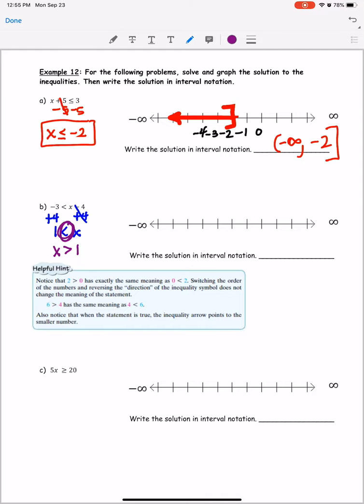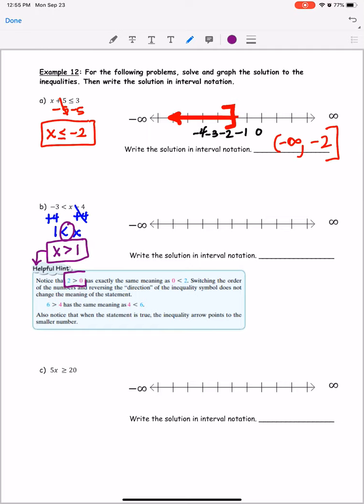If you look at it here, it's pointing to the 1. Now it is still pointing to the 1. If you flip your x and your number, you've got to flip your symbol as well. So this right here is my final answer. And this is what this is talking about: if you flip your things, you also have to flip your symbols, right?